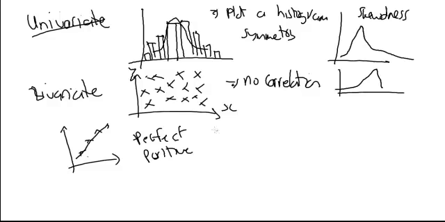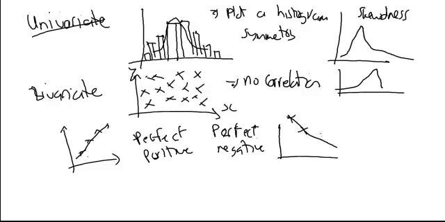You can also have perfect negative. So there, as x increases, y decreases. And we can also have weak correlation. So we can say weakly positive.